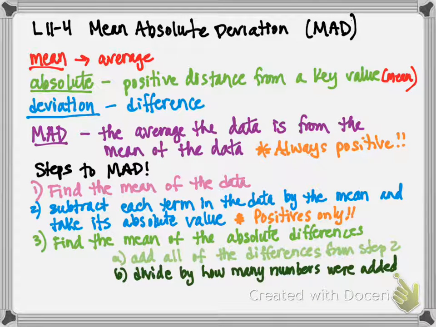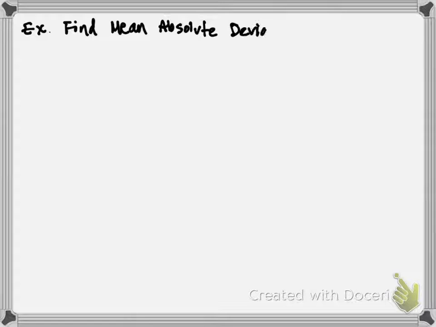Now I always find it is so much easier to understand a problem when we actually work through examples. So that's what we're going to do right now. I'm going to give you, on the next screen, let's deal with this scenario where we are going to be asked to find the mean absolute deviation. Or, as I like to say, get the MAD.